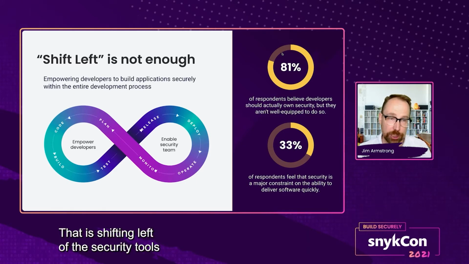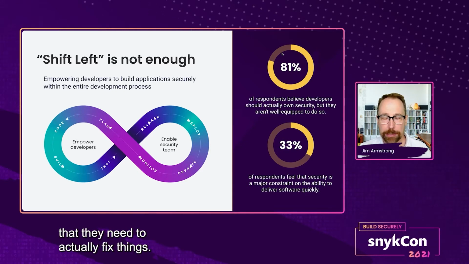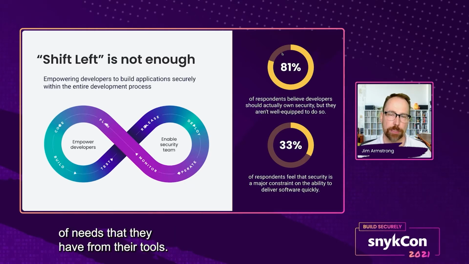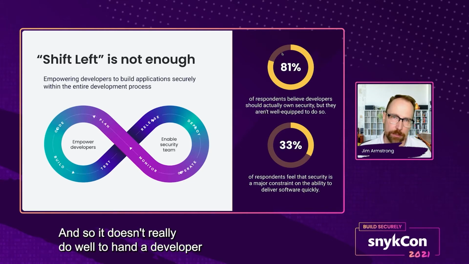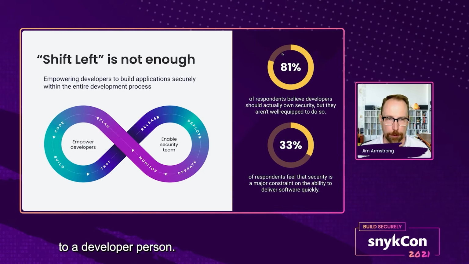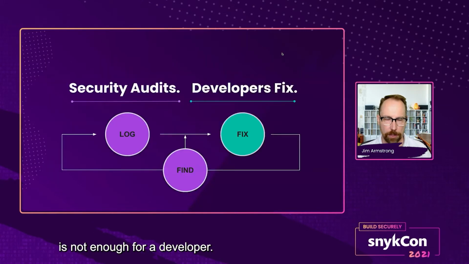That is shifting left of the security tools, but it is not providing a developer with the information that they need to actually fix things, right? It's a very different audience and a very different set of needs that they have from their tools. And so it doesn't really do well to hand a developer tool to a security person or a security tool to a developer person. So merely shifting your tools to the left is not enough for a developer.